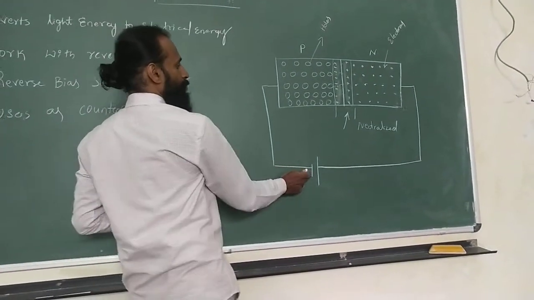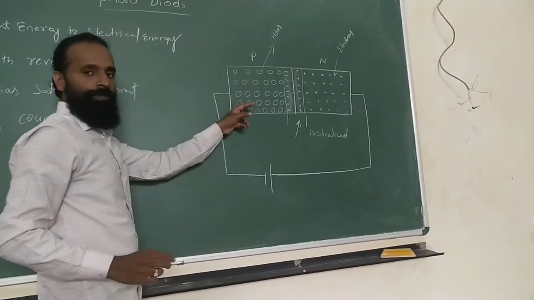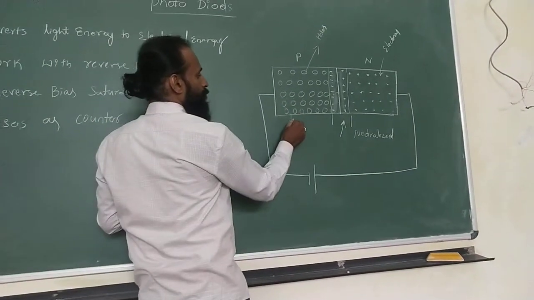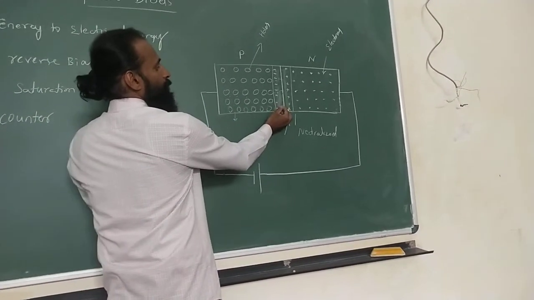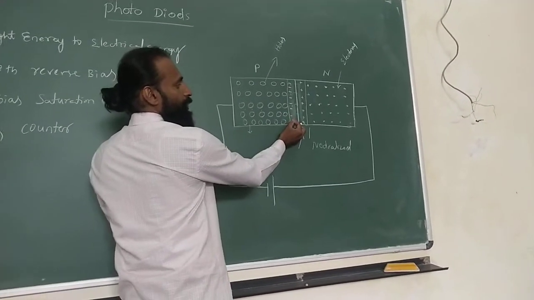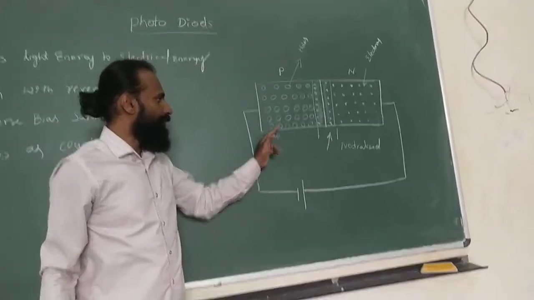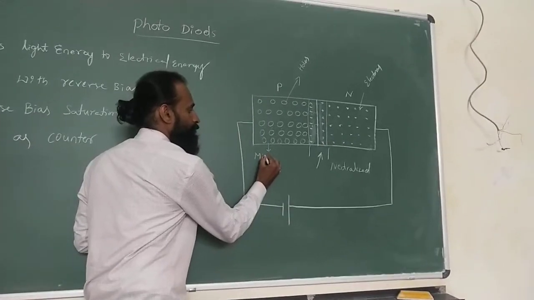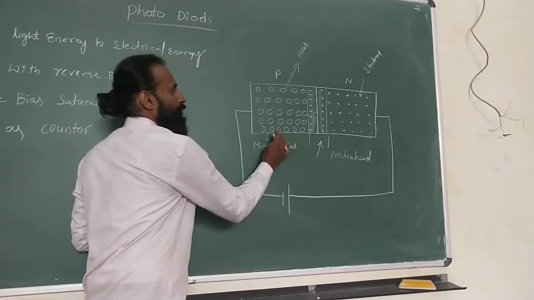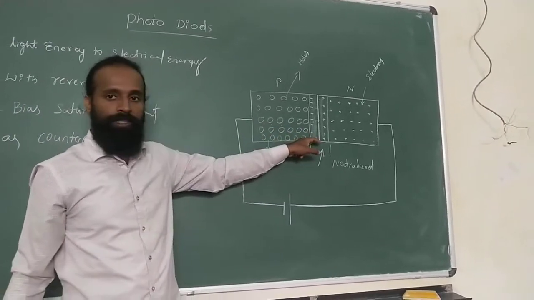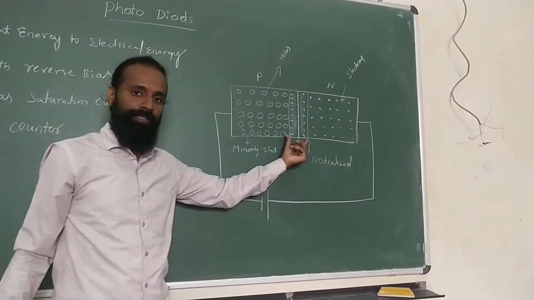Due to the negative polarity on the P side, the minority carriers, the electrons, are repelled and move towards this region, and the depletion region increases again.